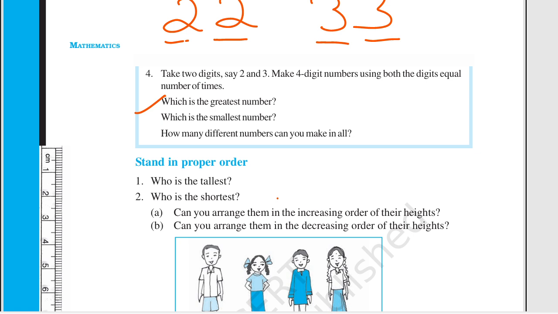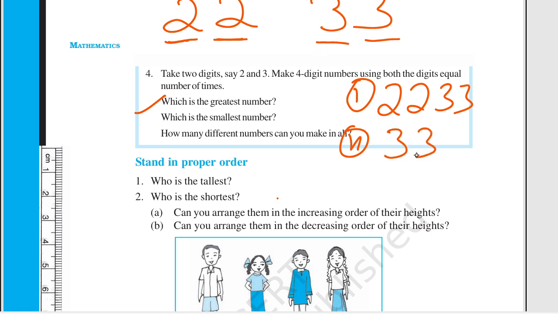So first of all, 2233 is there, so we can write it as it is, 2233. This is the first number we can make. Now the second number, 3322. We can move these two digits in front, 3322.